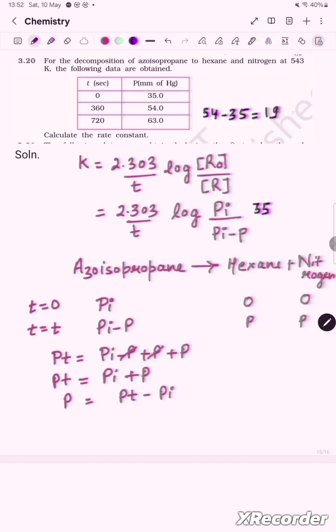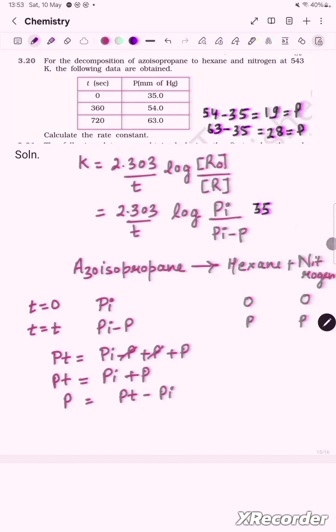This is the P value. Another P value: total pressure is 63 and initial pressure is 35, so that becomes 28.